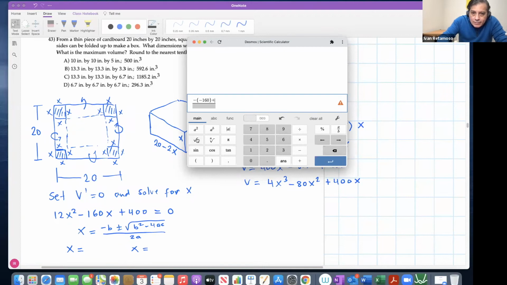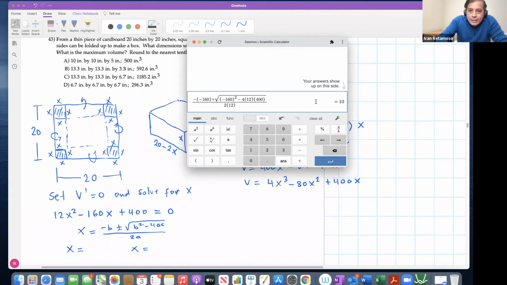Plus the square root of b again, within parentheses, minus 160, which is b, squared, minus 4 times a times c. A is 12, c is 400. Great. On the denominator, twice a, but a is 12. Okay, great. I get 10. That is going to be one of the solutions, 10.